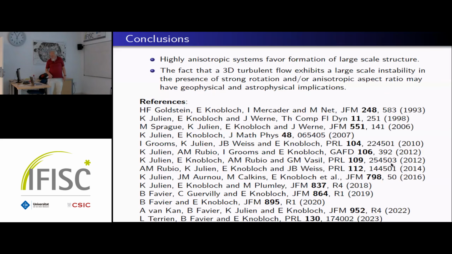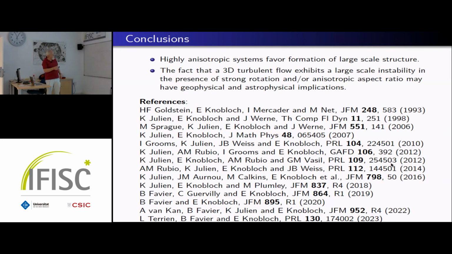So I'm finished. So the conclusions are very simple, that highly anisotropic systems favor formation of large-scale structures. They can be these large-scale vortices, like in these condensates, or it could be jets, for example, like in the anisotropic domain. The important thing is that this happens in 3D, right? It happens in 3D.